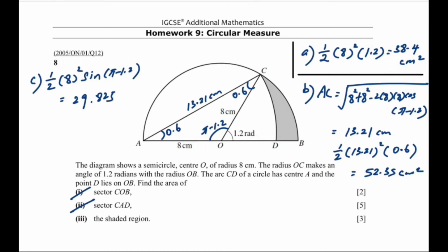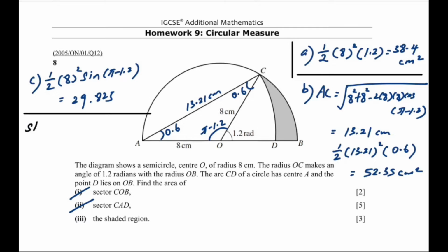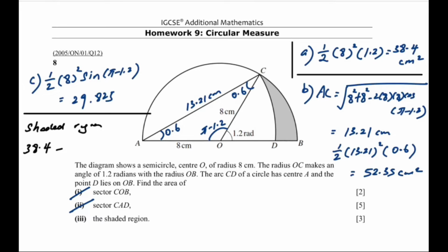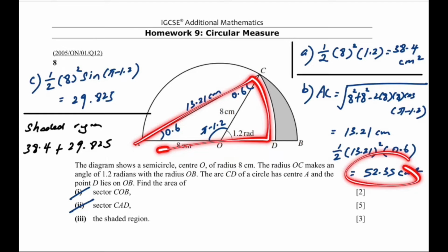So final answer, shaded region. I have this part 38.4 plus this part, the triangle, 29.825, minus the sector here, this one.